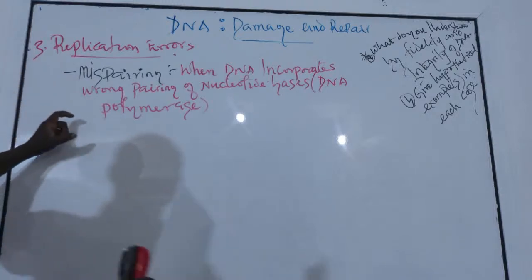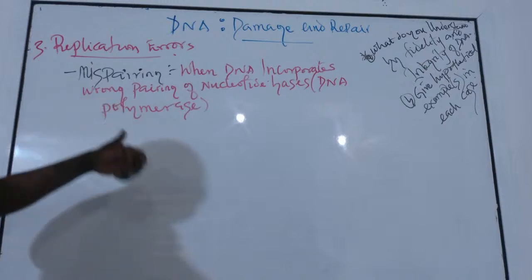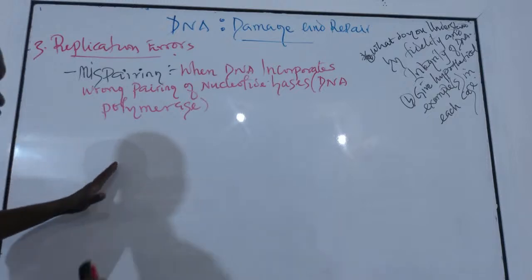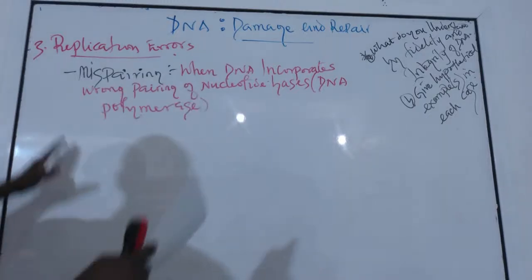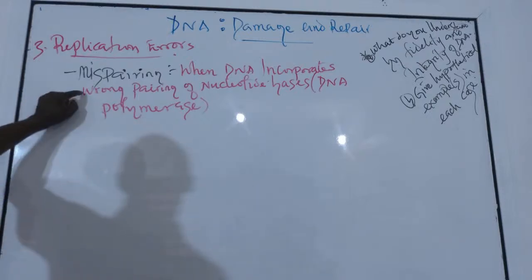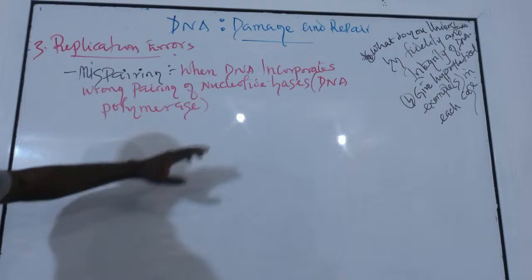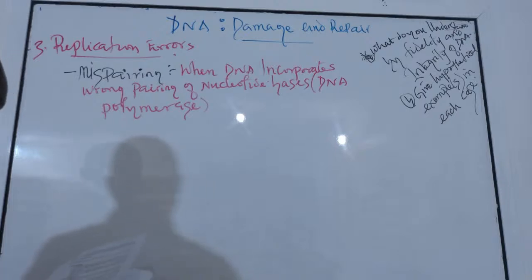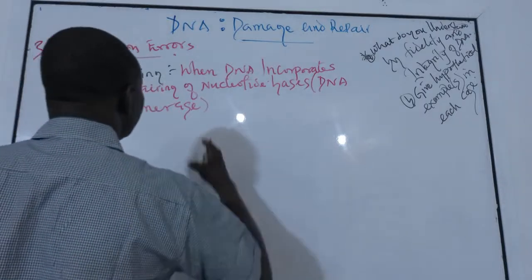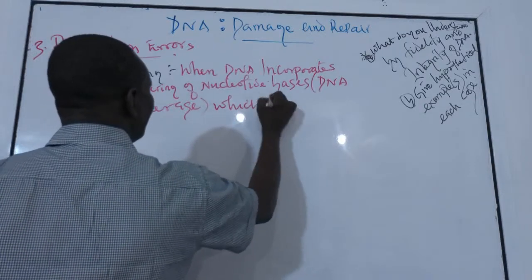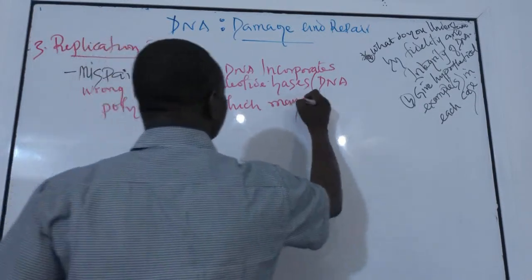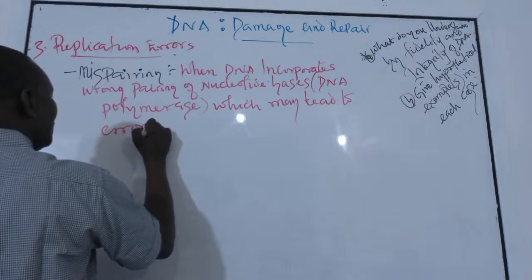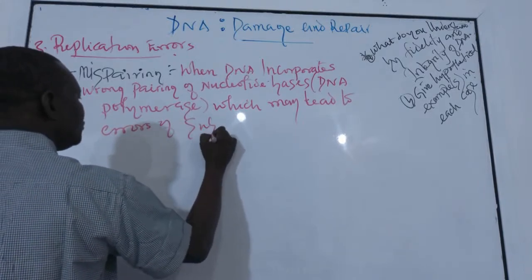So if the DNA polymerase is malfunctioning, you're just going to match somebody who is not even supposed to be your partner. Wrong pairing, wrong incorporation of a nucleotide base, which may lead to an error of substitution.